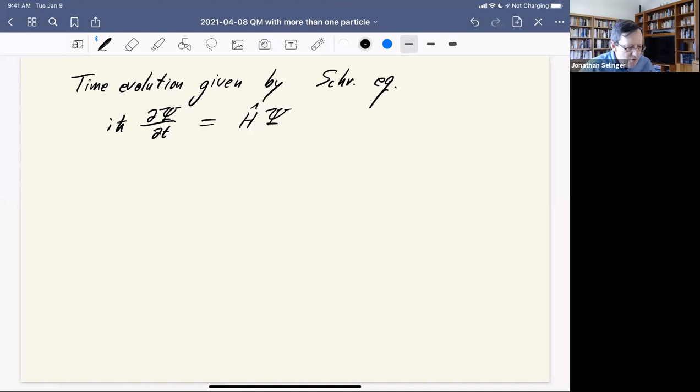All right. So now the Hamiltonian, what's that? That has to involve both the position of particle 1 and also the position of particle 2. So we could say that the Hamiltonian operator is going to be the kinetic energy plus the potential.